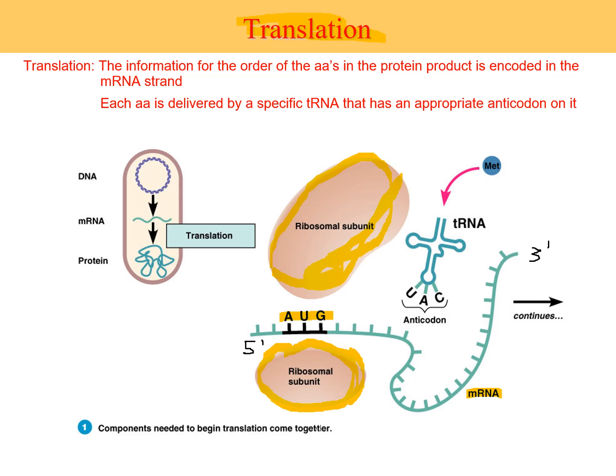What allows for a particular amino acid to be brought in, and then another one, and then another one, is the fact that there are transfer RNA molecules, which on a portion of the transfer RNA molecule, you will have an anticodon. And the anticodon has a particular sequence.